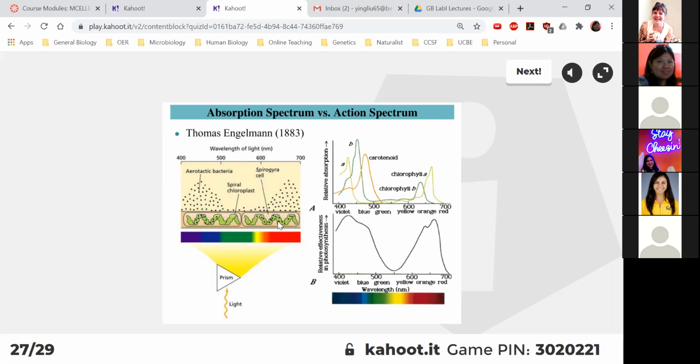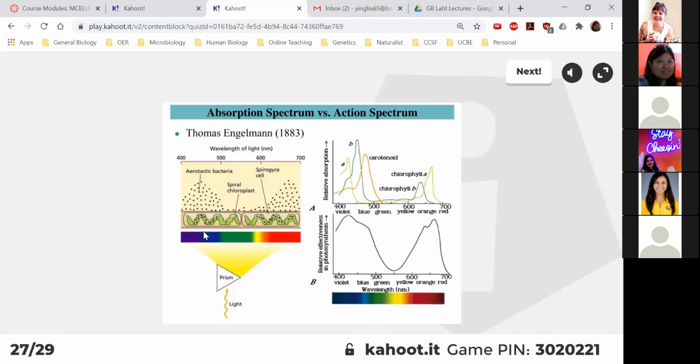And to measure the efficiency of photosynthesis, because remember photosynthesis produces oxygen, he put aerobic bacteria over there, because these bacteria will only grow if there is a release of oxygen. And then he ended up producing an action spectrum kind of like that.